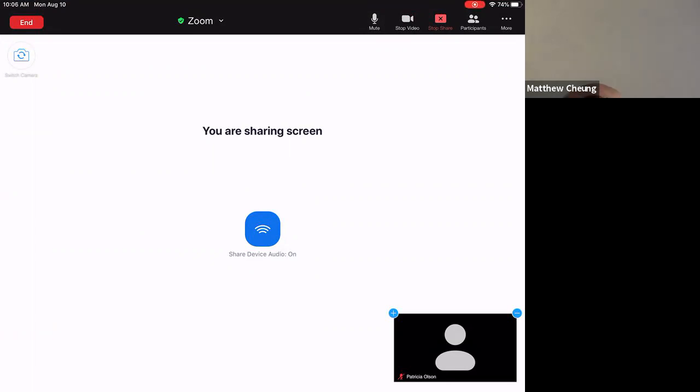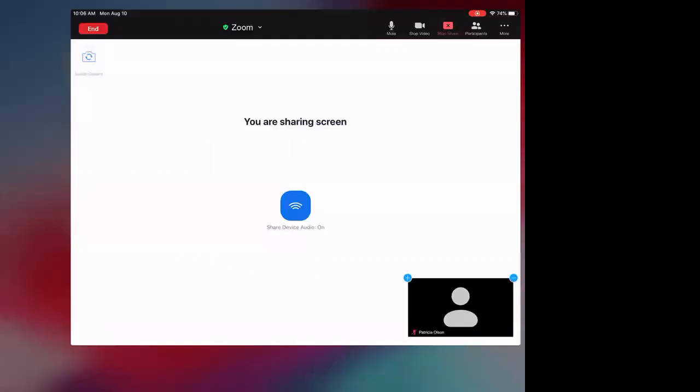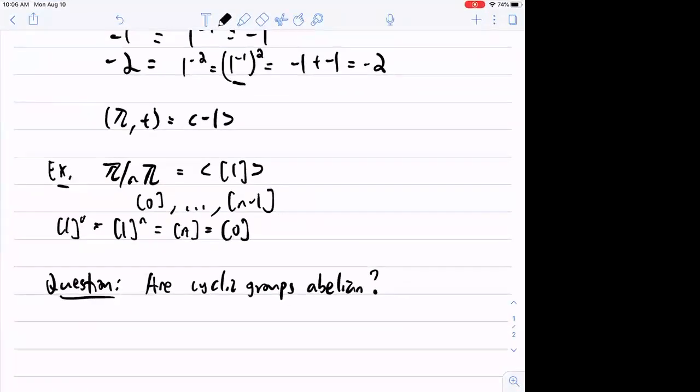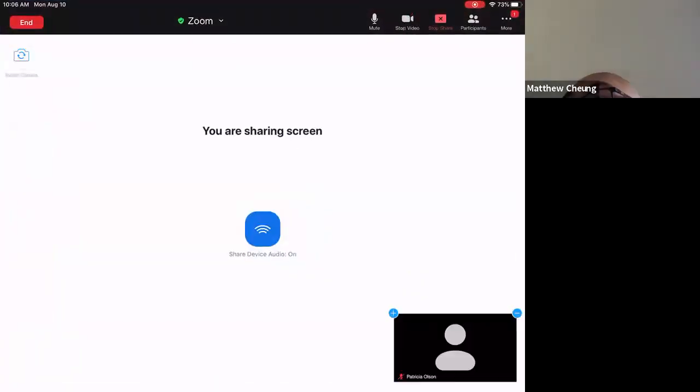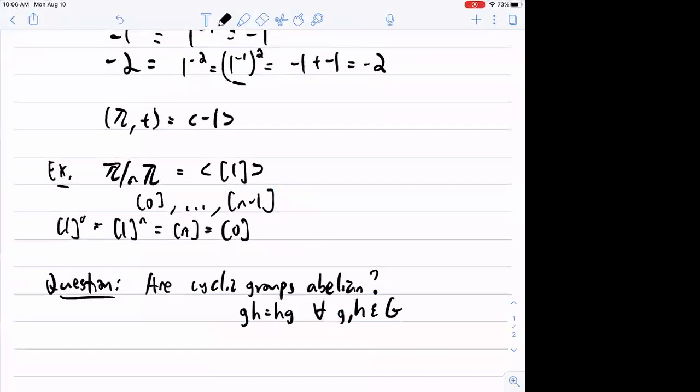Remember, abelian means GH is HG for all G and H. Things commute. So do things commute in cyclic groups? Yeah, they do. So how do we show this?